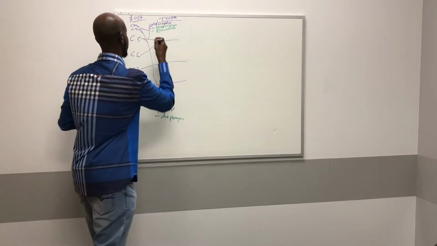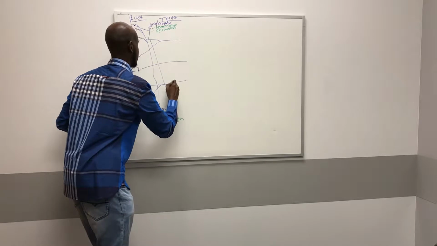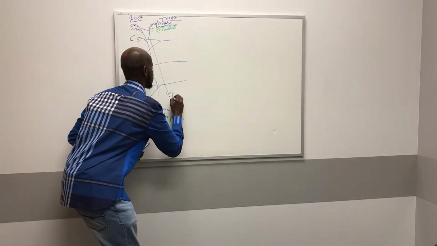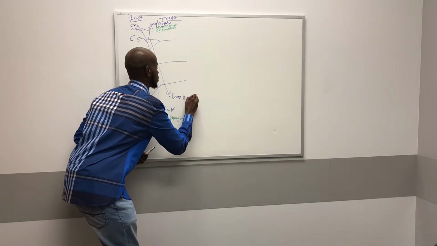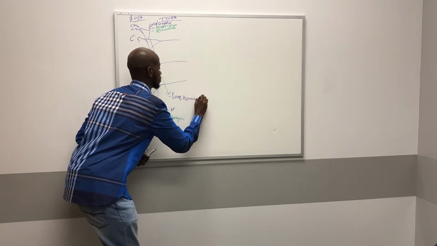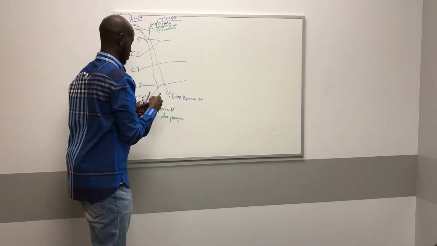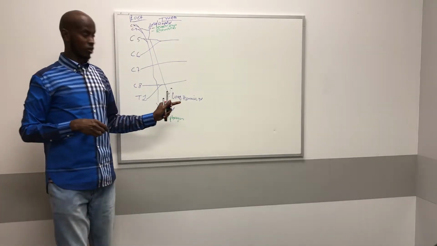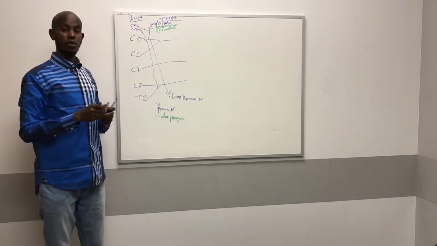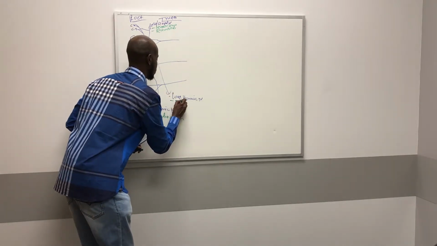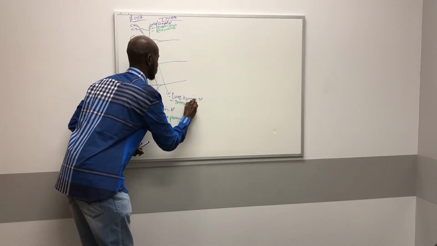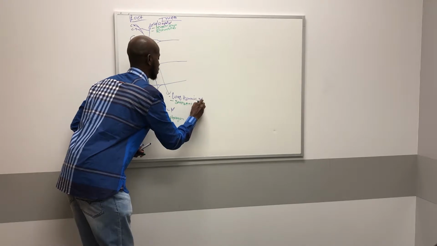The third one is the long thoracic nerve, which supplies serratus anterior.